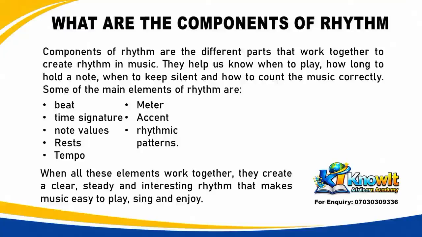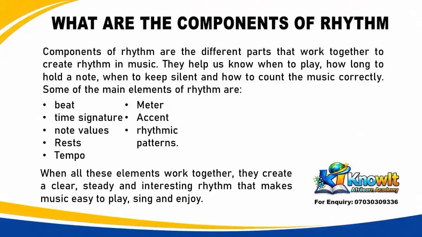In the course of this discussion, you would have noticed that I have hit some components or elements that constitute reading. What do we mean by those components? Components of reading are the different parts that work together to create reading in music. They help us to know when exactly to play, how long to hold the notes, when to keep silent, or how to count the music correctly.